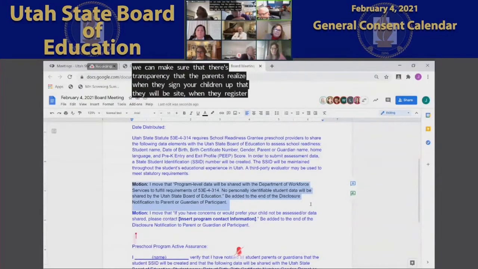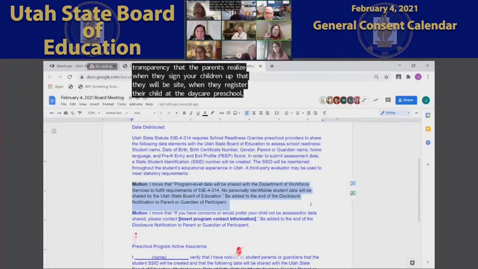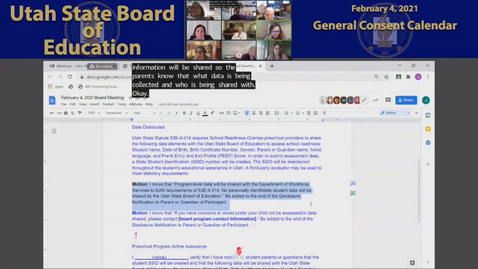Okay. Any other discussion from board members? Vice Chair Belknap. Yes, thank you. I'm not exactly sure, because I think Board Member Klein said something a little different than what I think the motion is saying. So I'm looking for a little clarity.